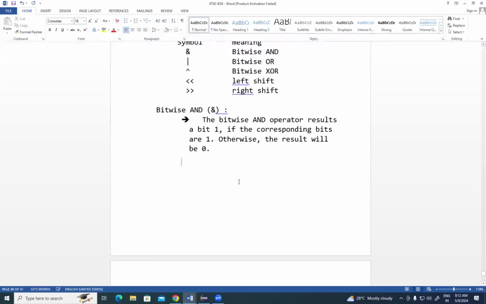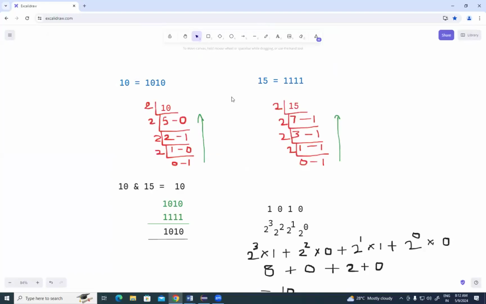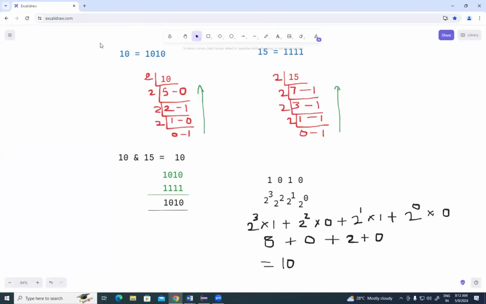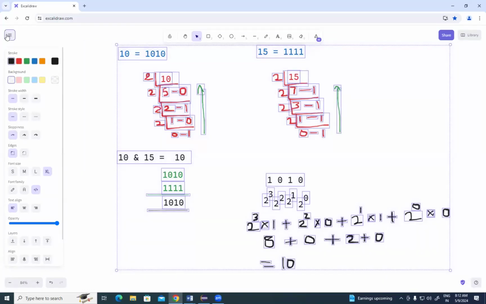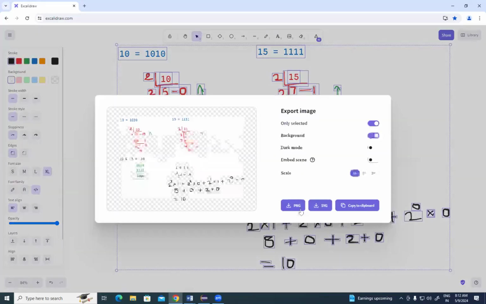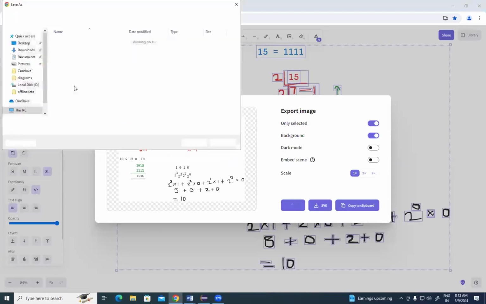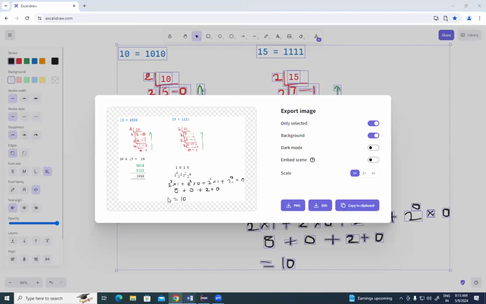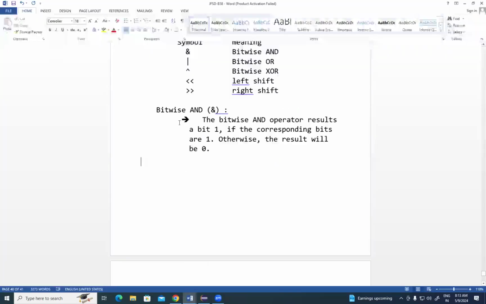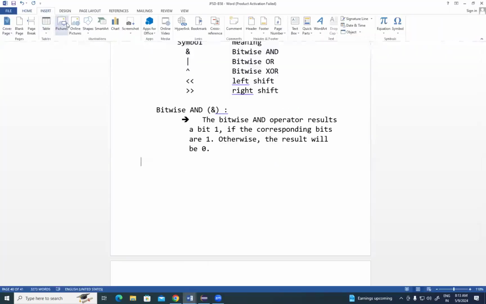Very good. What I will do is, whatever I have written here, this entire diagram, I will export this image into our doc. You are getting the point, right?